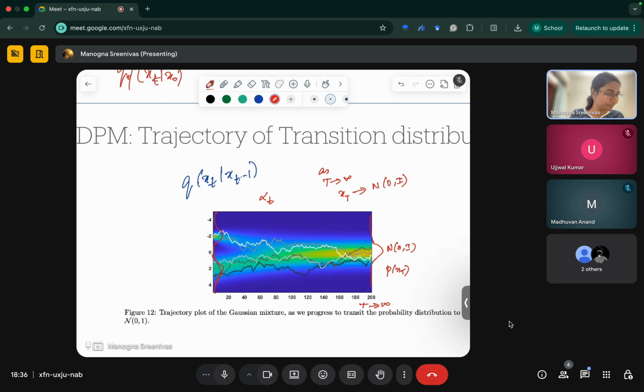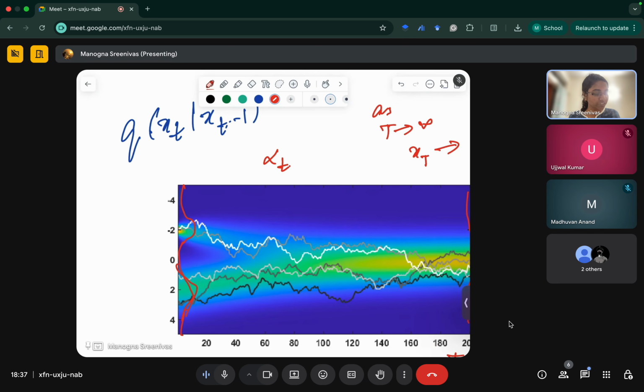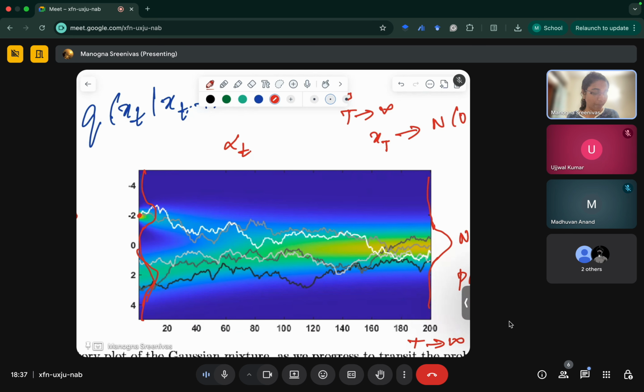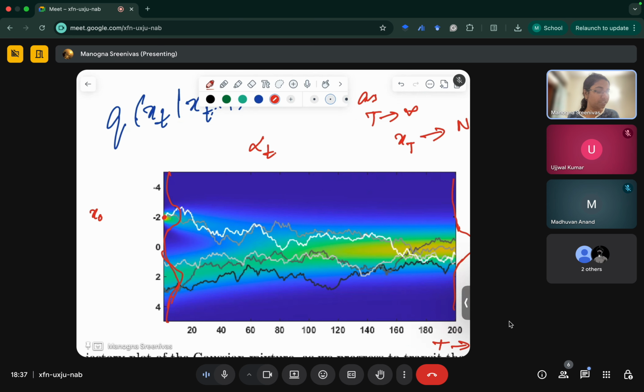These lines which you see here: if a sample x naught is originally at -2, suppose, your real sample is here, then by following this Markov process it will take this trajectory.